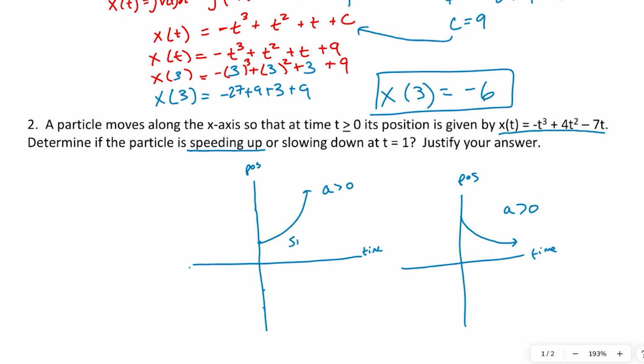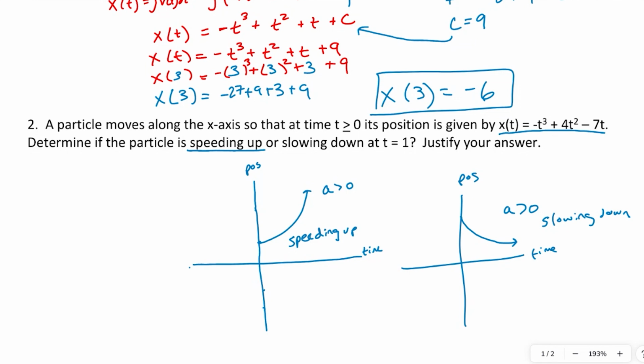So it's speeding up when it's like this, but slowing down when it's like this. And in both cases, the acceleration is positive. But what's different about both of these two curves? One is concave up and one is concave down. Well, they're both concave up, right? They're both like making a happy face.